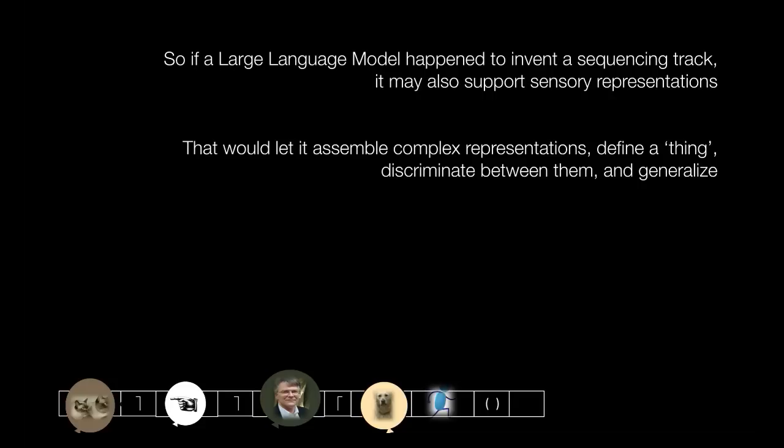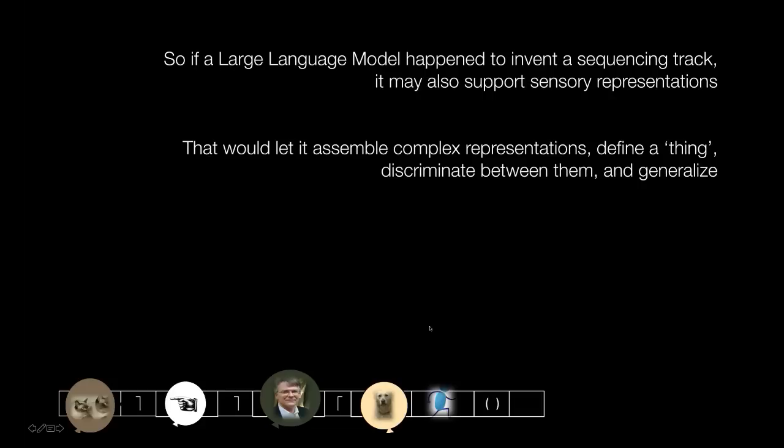So if a large language model happened to invent the sequencing track, it could also support processing of sensory representations instead of word representations. And I've just shown you that the rules are the same. And if that then lets it assemble complex representations, it does so in a way that you can now define a thing, which is the one remaining part, which I have an idea about how it could do.